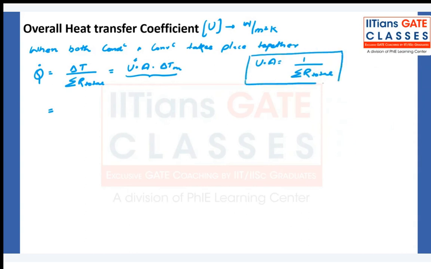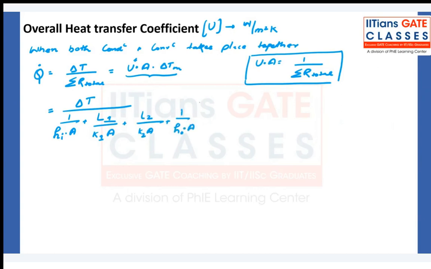If you compare these two equations, then UA is equal to 1 upon summation of R total. I can also write this as 1 upon h_i A, the way we have just defined, plus L1 upon K1 A plus L2 upon K2 A plus 1 upon h_out A, equal to UA delta Tm.